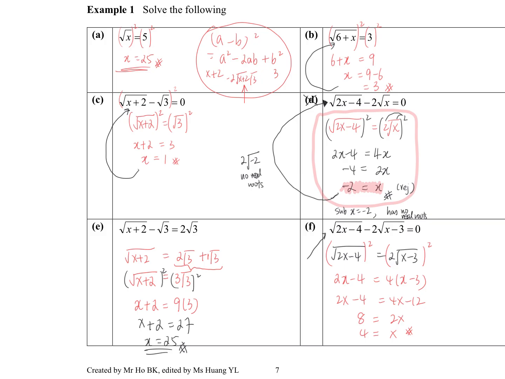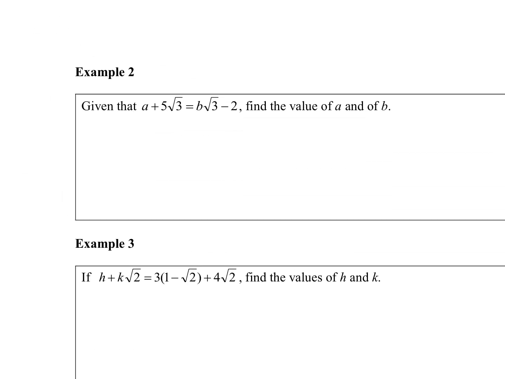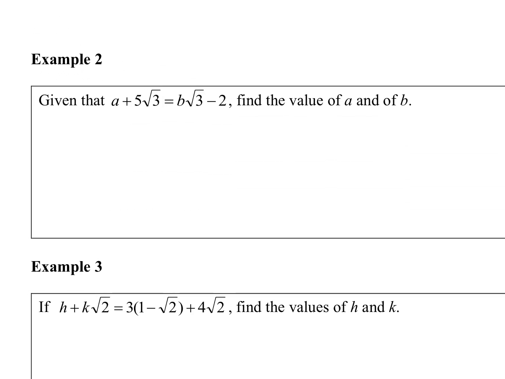All good? Okay, next one. This one, just rearrange them and compare. A plus 5 root 3 minus 2 plus b root 3. So you observe, A is just minus 2 and B is just 5. That's all. Don't work too hard.